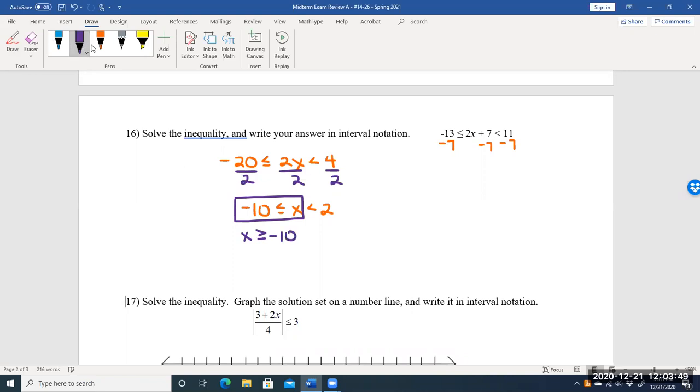So basically, we're looking for numbers that are greater than or equal to negative 10 and also less than 2. And so the shading is between. It is always, always, always between for these types of inequalities, three-part inequalities. Negative 10 is included, but 2 is not. So I'm going to use a bracket by negative 10, but a parenthesis by the 2.